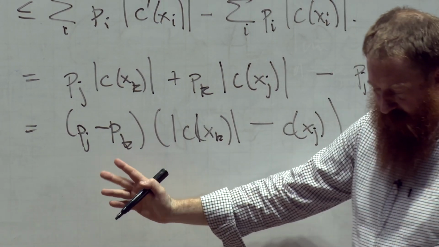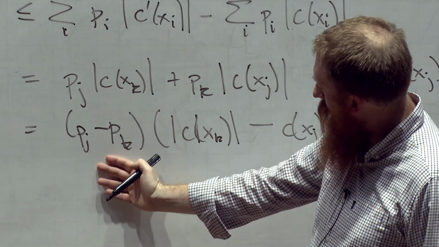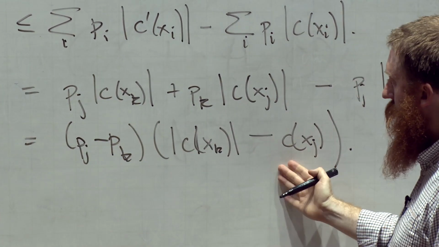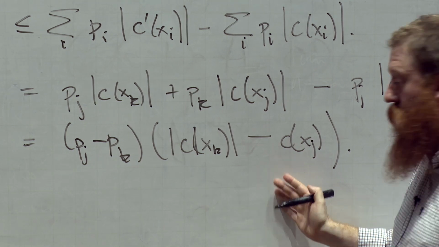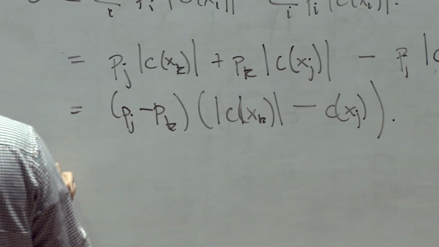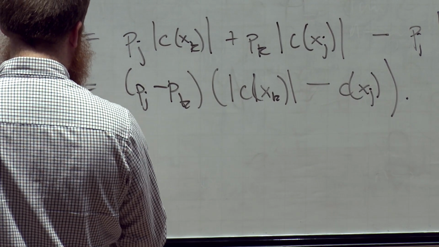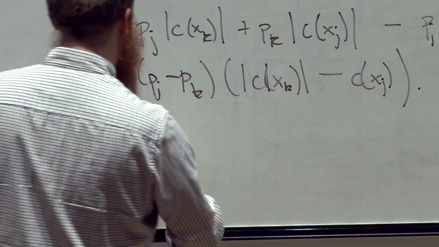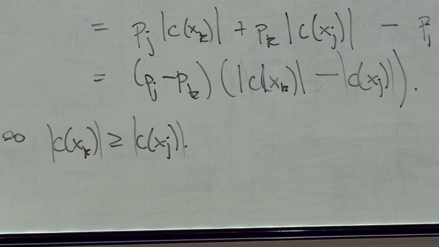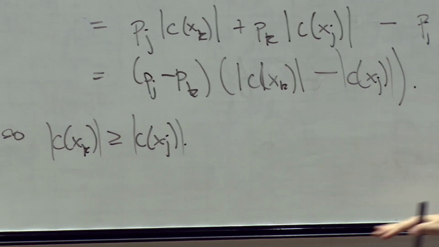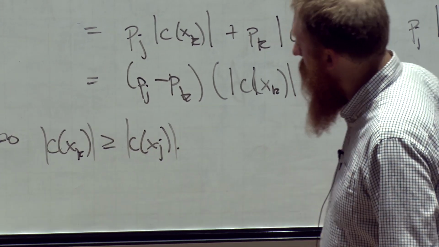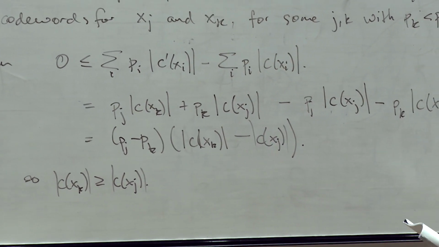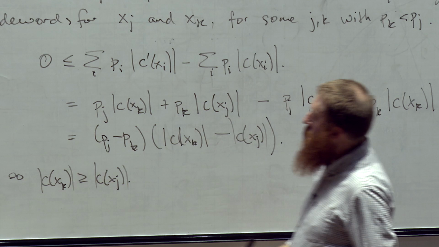And we notice that this is positive, this is positive, so we need this to be positive as well. So the length of C(xk) is greater than or equal to the length of C(xj). So the length of xk must be at least as big as xj when I've ordered by these probabilities. Okay, so that was point one.